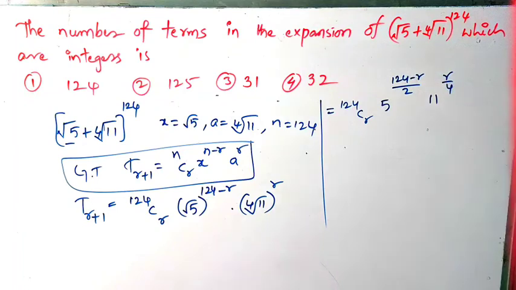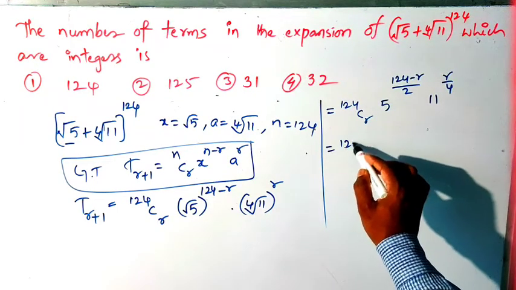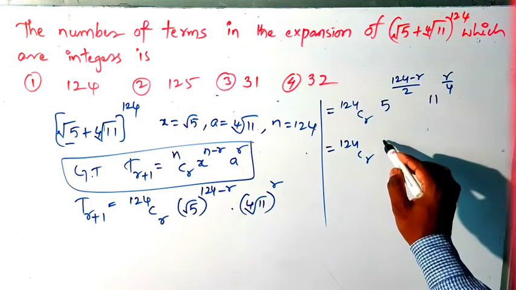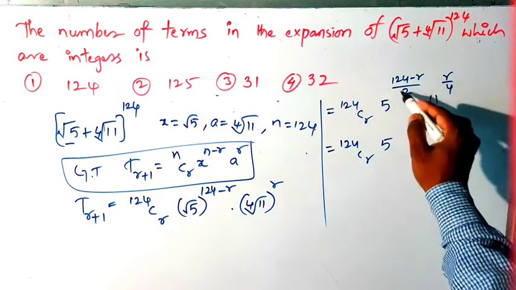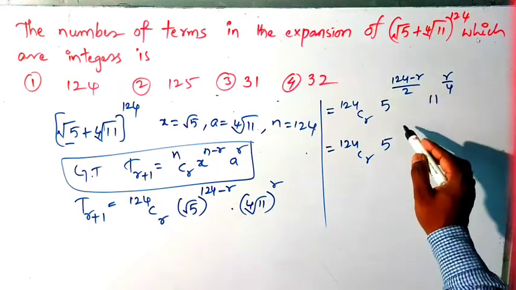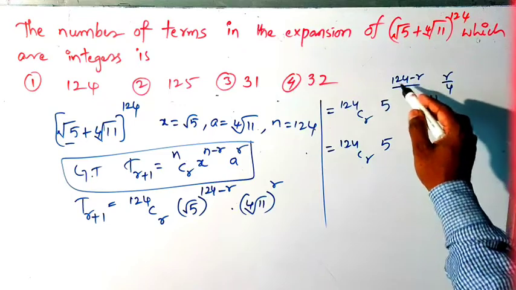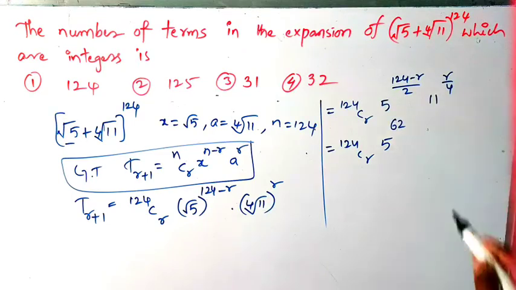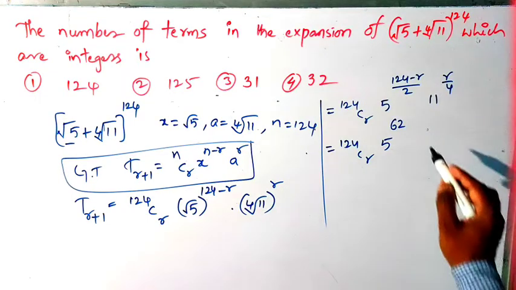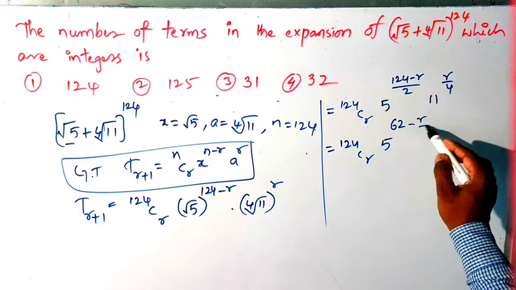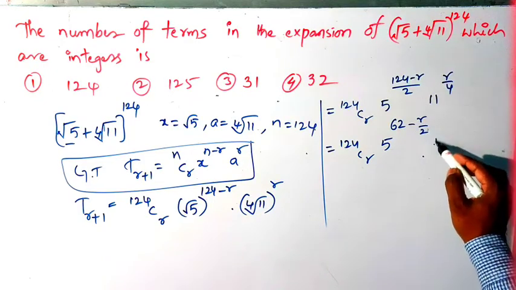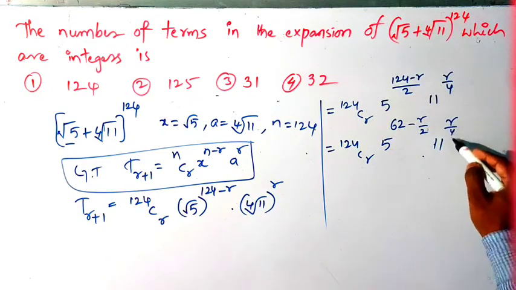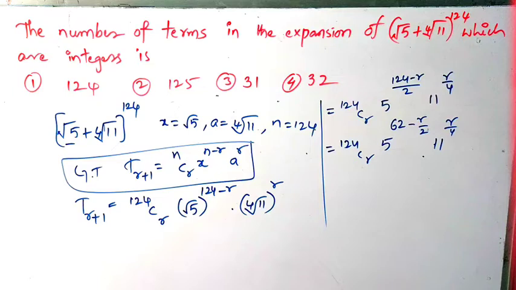So simply 124Cr, 5 power of 124 by 2, that is 62, minus r by 2, into 11 power of r by 4.